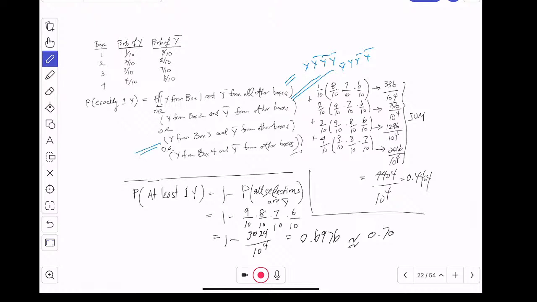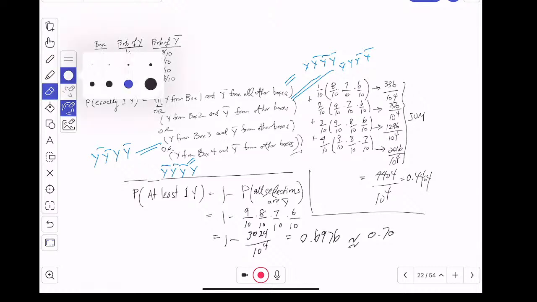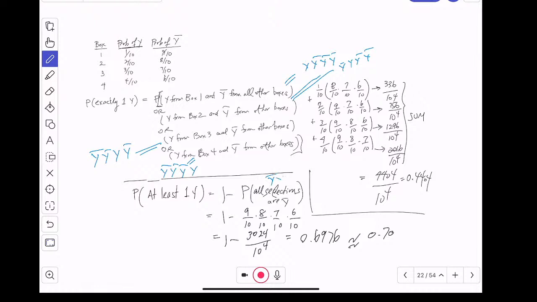And then this one would be Y, not Y, not Y, but then Y and not Y. And this one would be Y, not Y, not Y, not Y, and Y. So I put it in words and symbols for you. And this one would be all not Y.